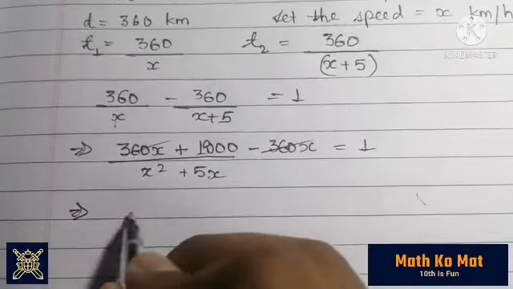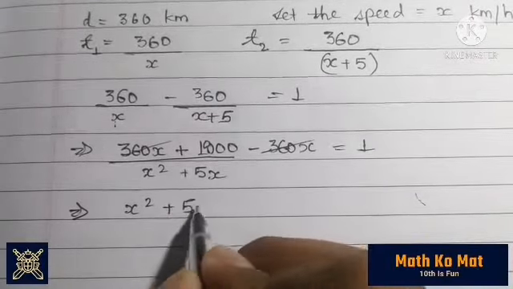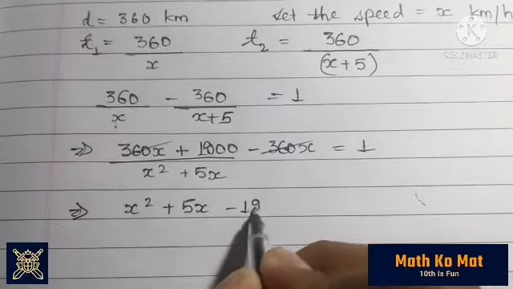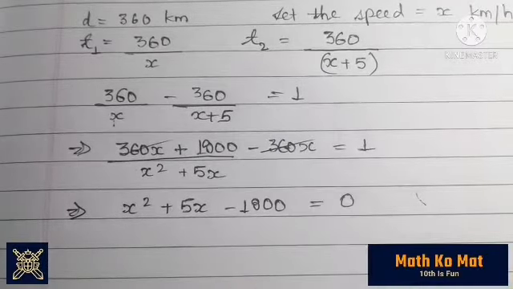So now you get x square plus 5x minus 1800 is equal to 0.